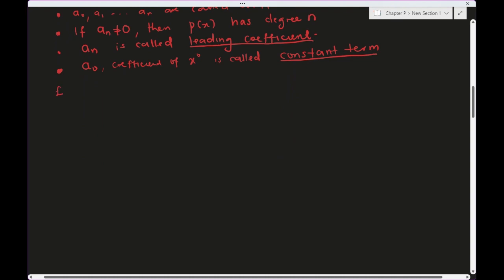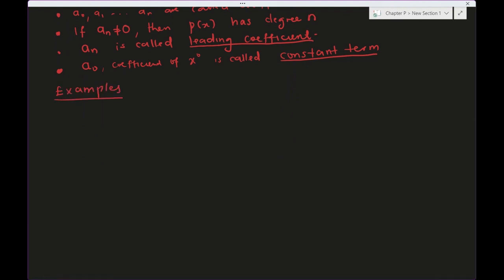Let's take some examples here. Now, let's look at this. This is 2x to power 3. Just a quick table here.